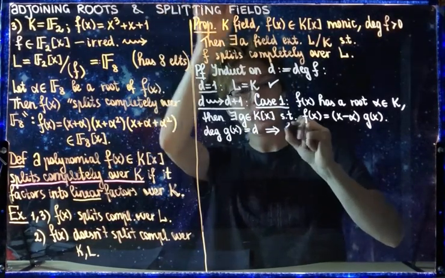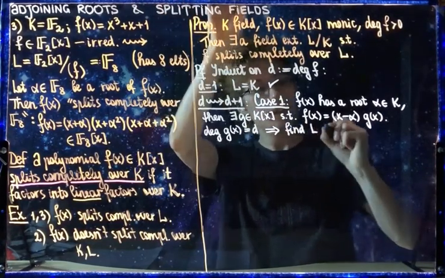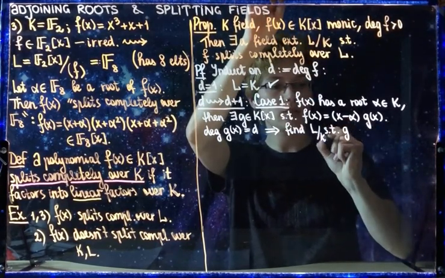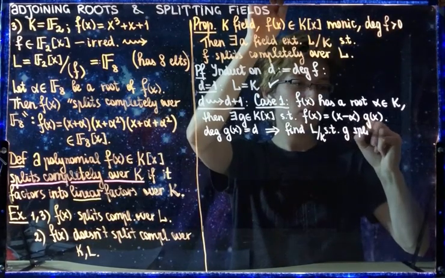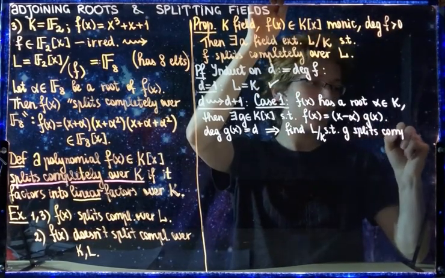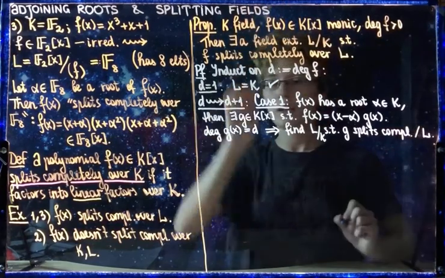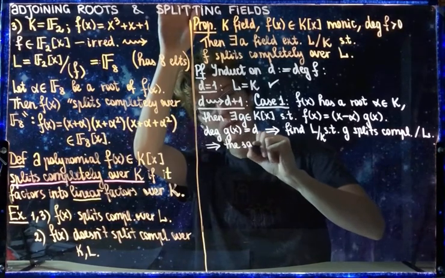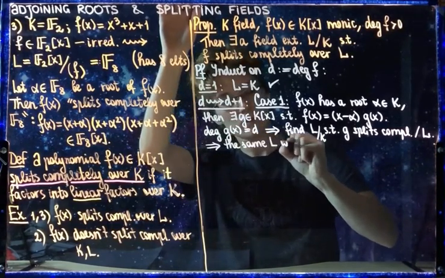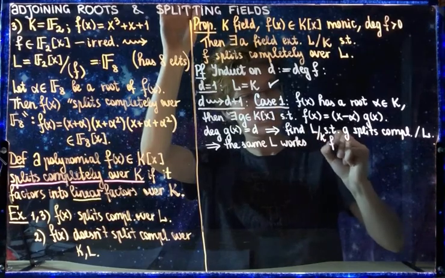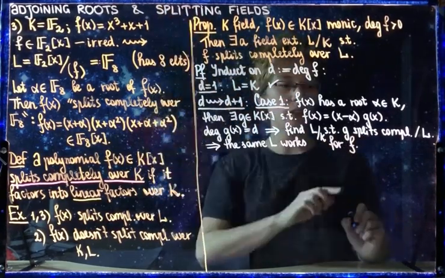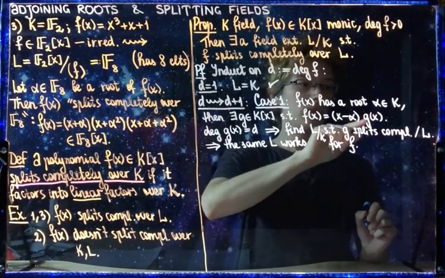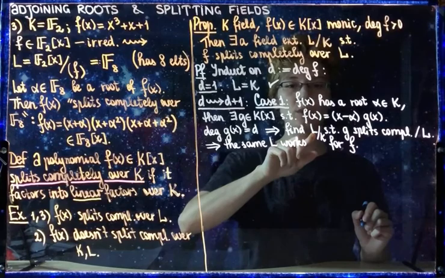And so we can find an extension L of k such that g splits completely over L, but then the same L works for f. And this is because f is a product of a linear factor times some more linear factors that split over L.